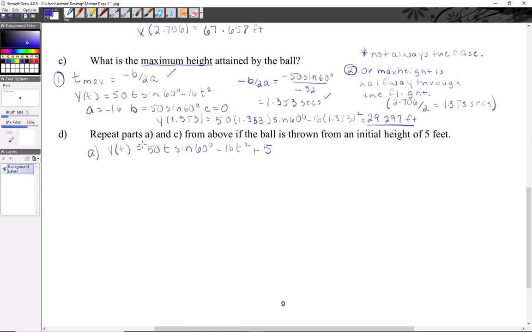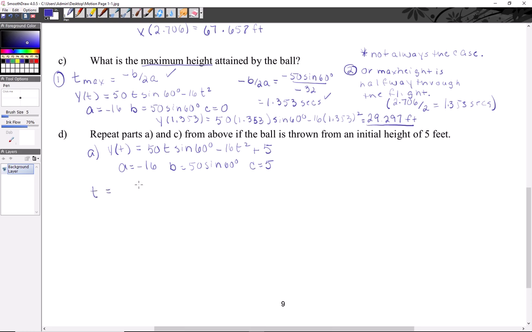So now we're going to have to find t through the quadratic formula. So a will be negative 16, the coefficient in front of your quadratic term. B is going to be all of this without the t, so 50 sine 60 degrees. And then we do have a valid c value, so c is going to be 5. All right, so here goes.